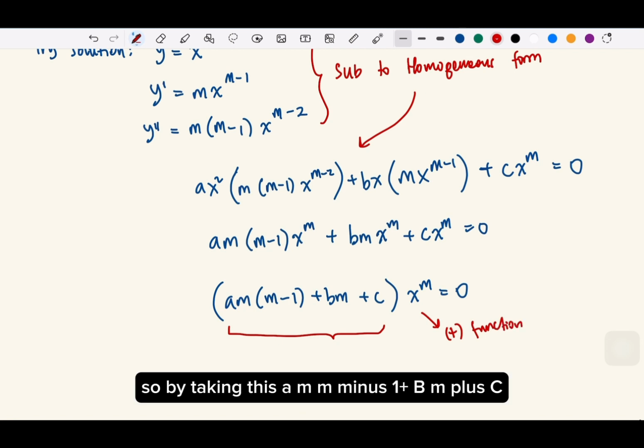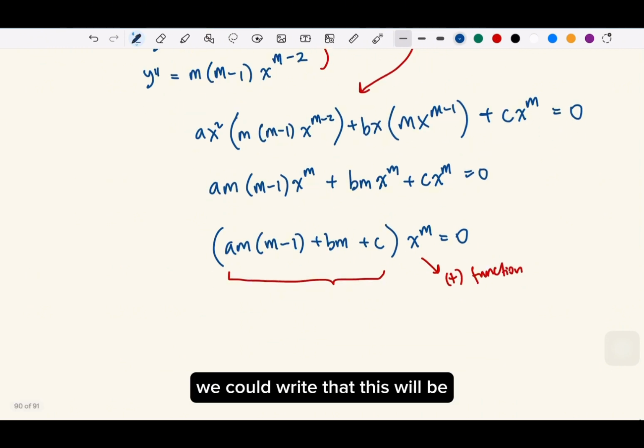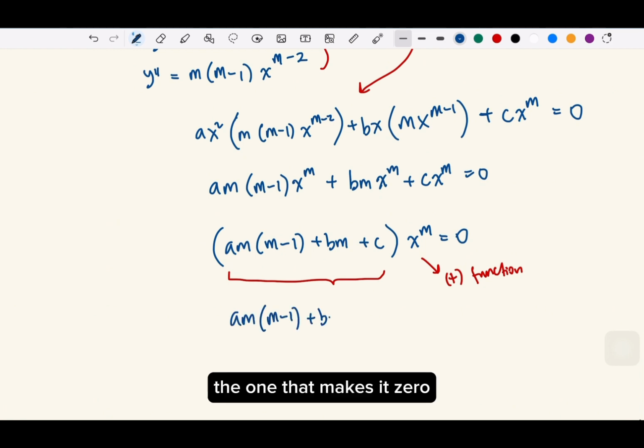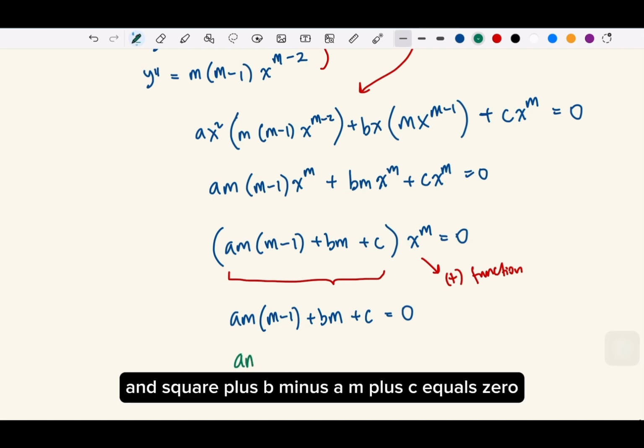So by taking a m m minus 1 plus b m plus c, we could write that this will be the one that makes it 0. Or we can write a m squared plus b minus a m plus c equals 0.